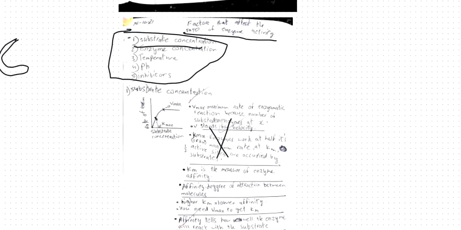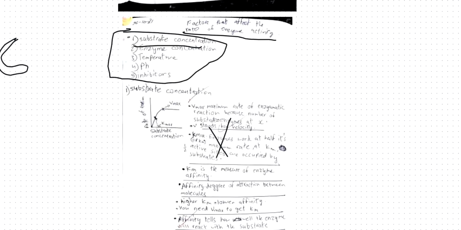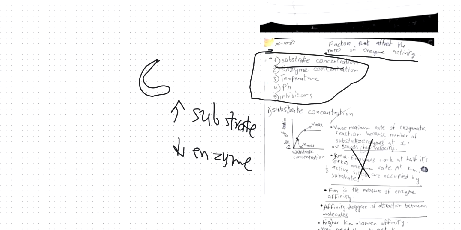As the substrate increases, the enzyme activity would decrease. Enzyme activity decreases because remember that there is only a limited amount of enzymes. And if you have a lot of substrate, it can't be filled up by all of the enzymes.